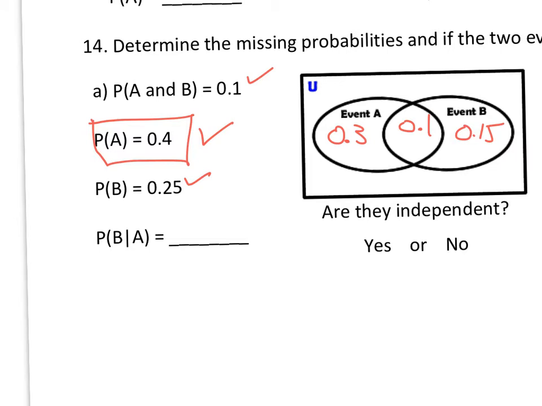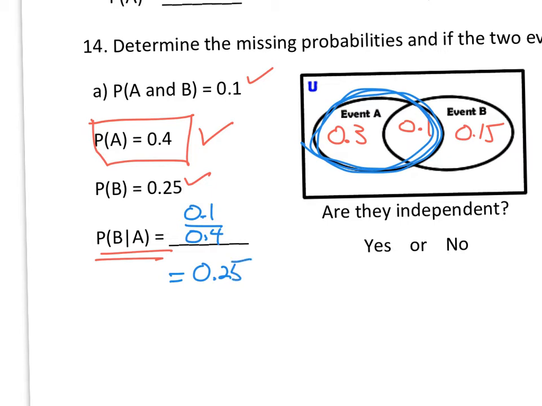Now I want to find the probability of B given that A happened. What that means is that I'm just focusing on the A section right here. In that A section, the total is 0.4. And the part in which B happens is 0.1. So 0.1 divided by 0.4 is 0.25.